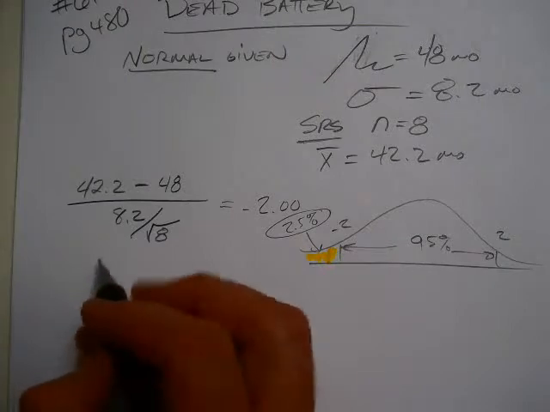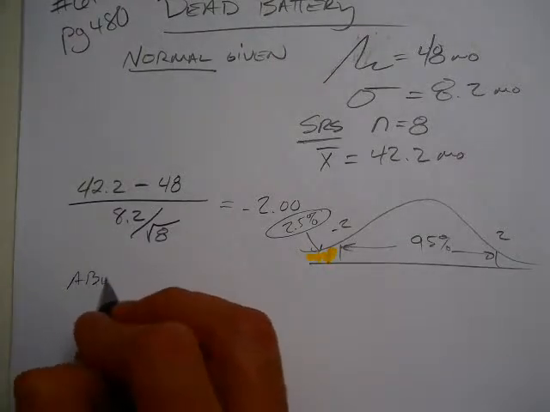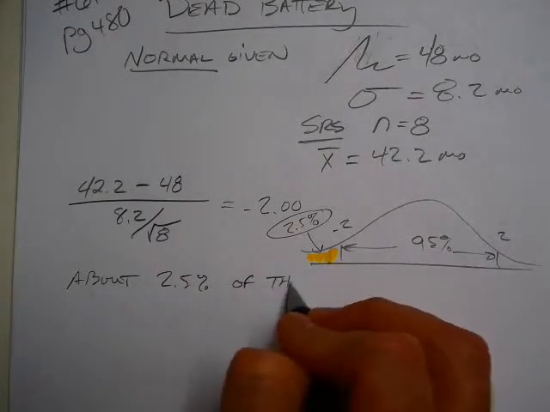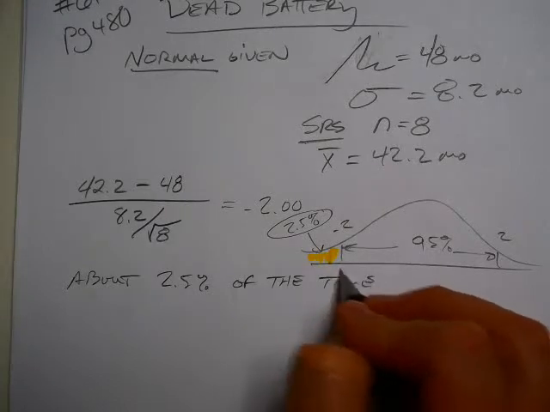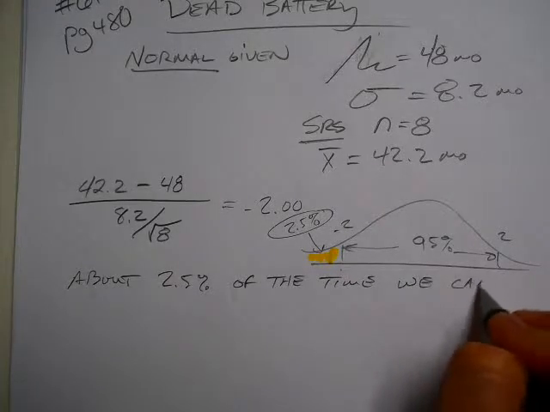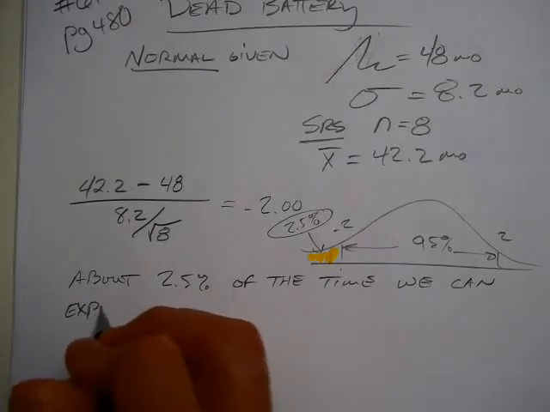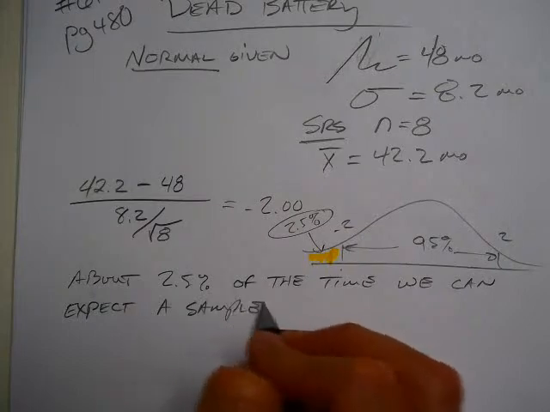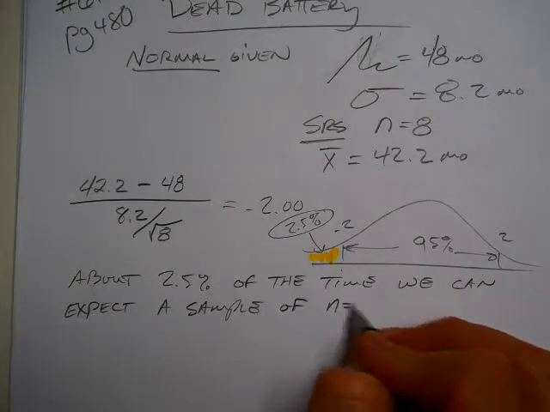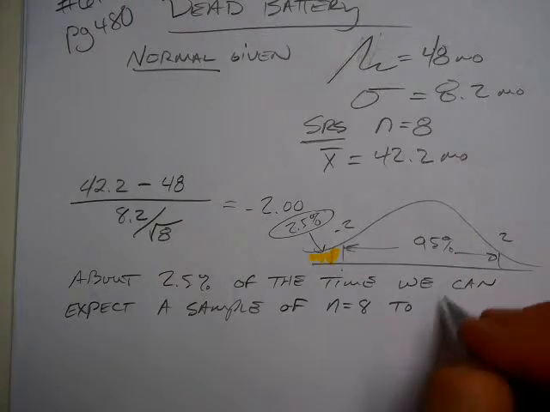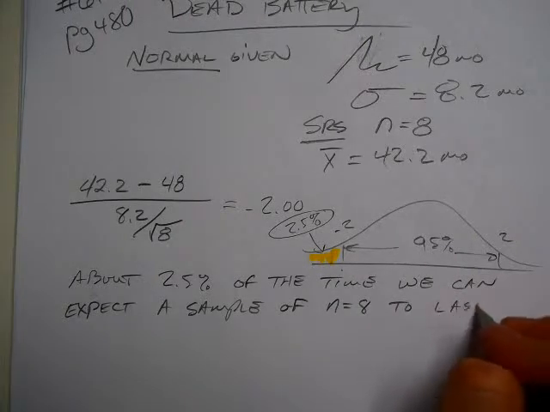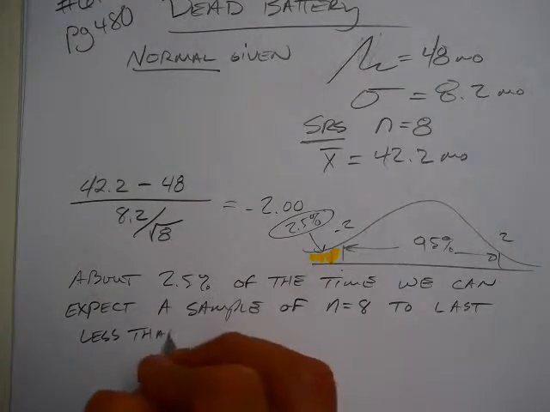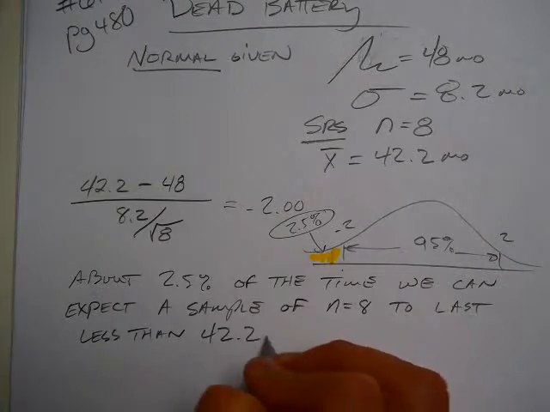But that's okay. So we're going to say about 2.5% of the time, we can expect a sample of n equals 8 to last less than 42.2 months.